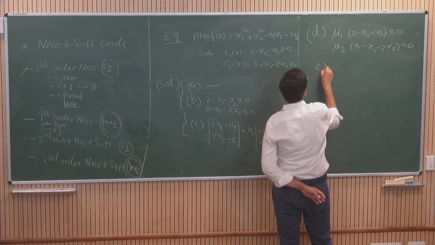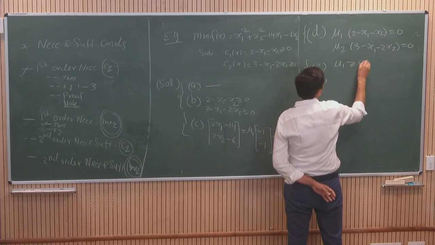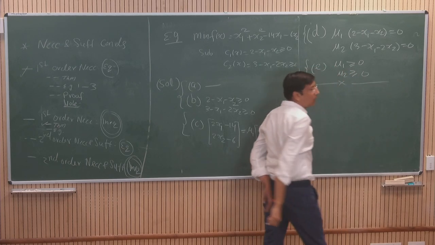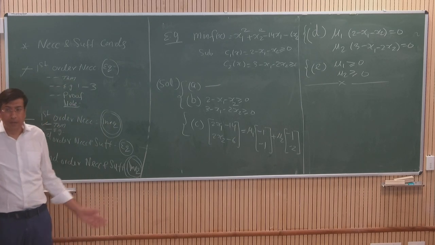And the last was the non-negativity condition, which says mu1 is greater than or equal to 0, mu2 is greater than or equal to 0. So half your work is done here, right? Now you have to solve it.